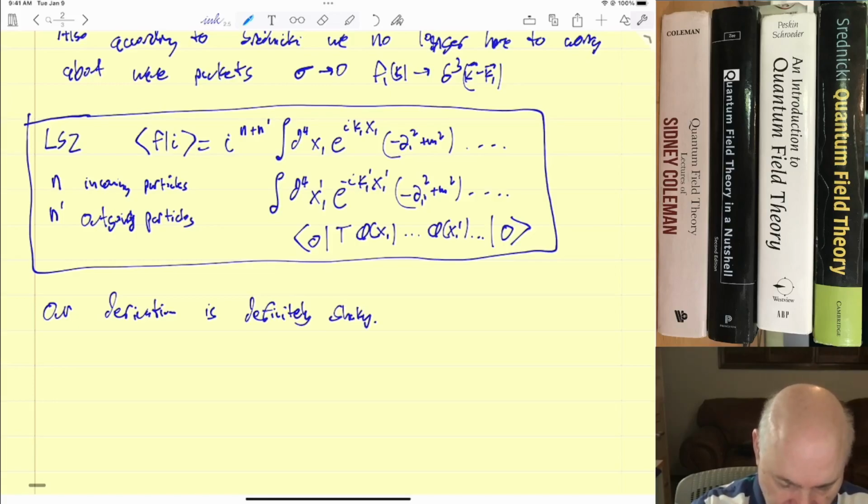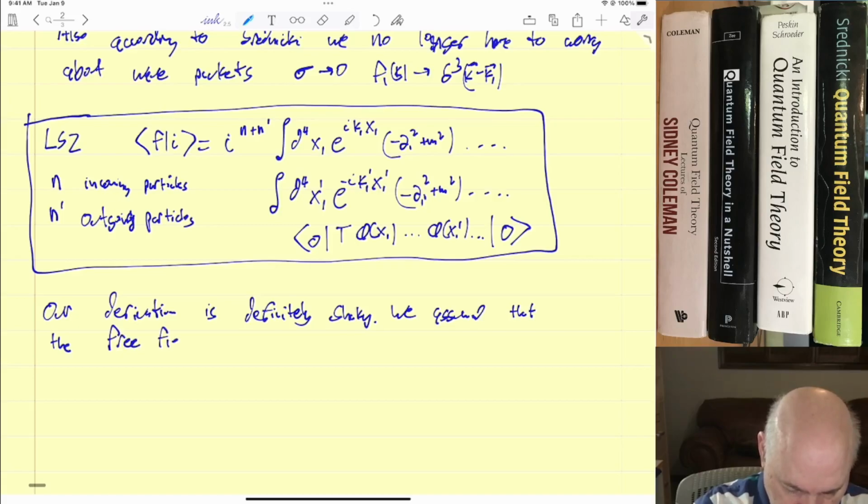And probably one of the worst things we did was we assumed that the free field creation operators work in the interacting theory.